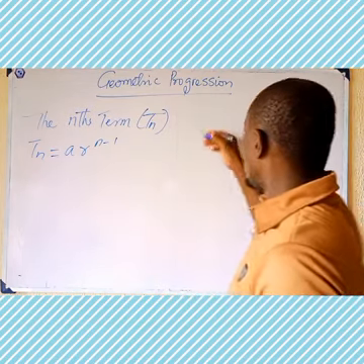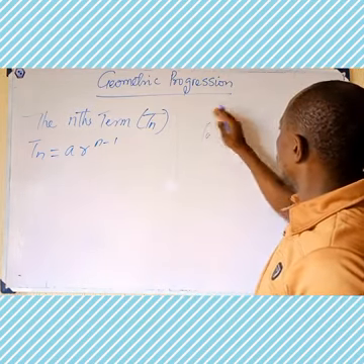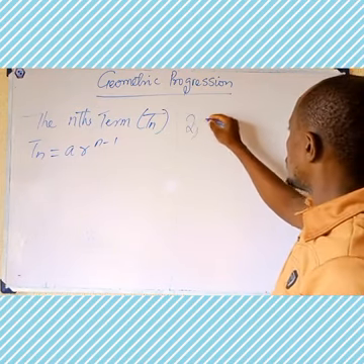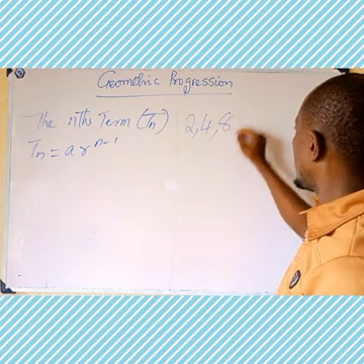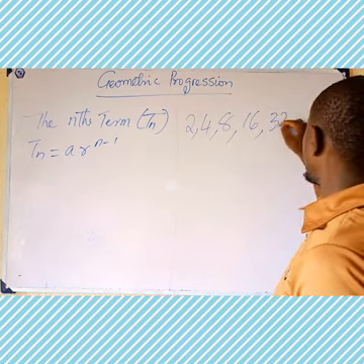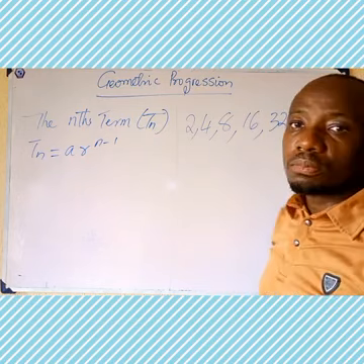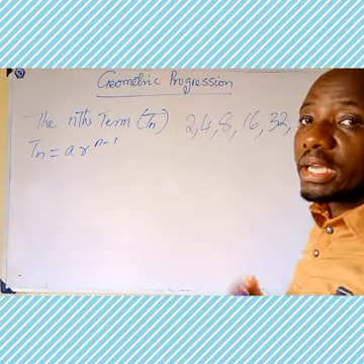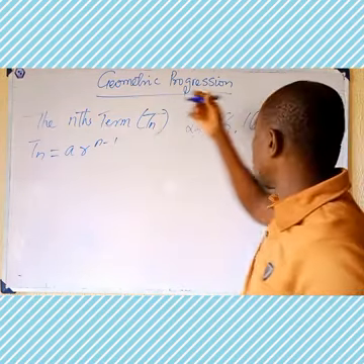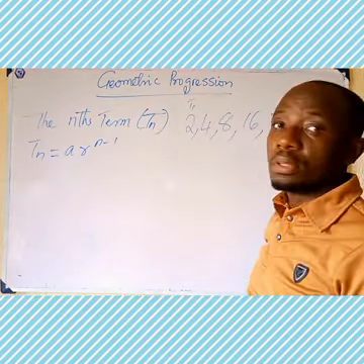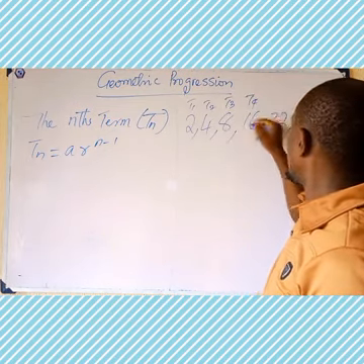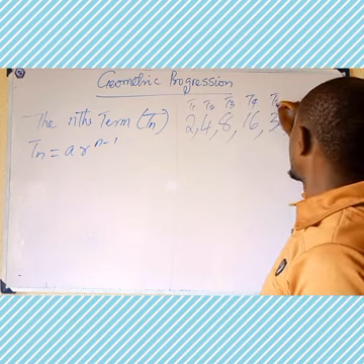To find the 100th term, let's go back to our first sequence, which is 2 followed by 4, 8, 16, 32. Let's stop here. You can encounter a challenge where they ask you to find the 20th term. This is your first term, this is your second term, this is your third term, this is your fourth term, this is your fifth term.